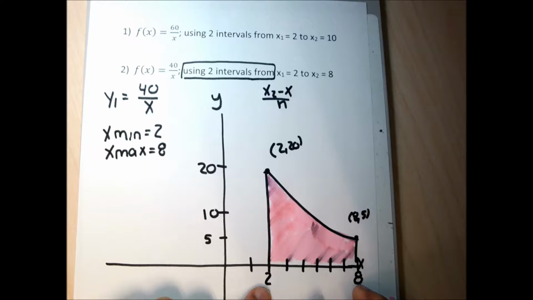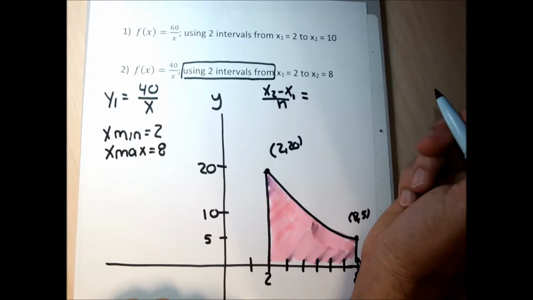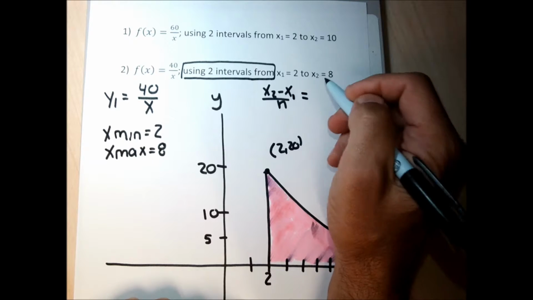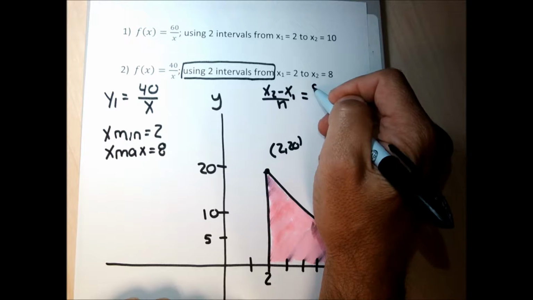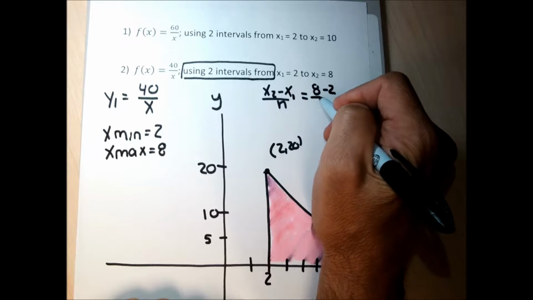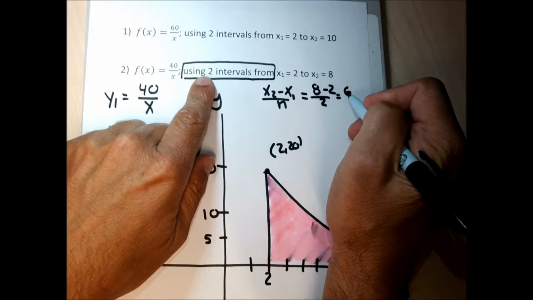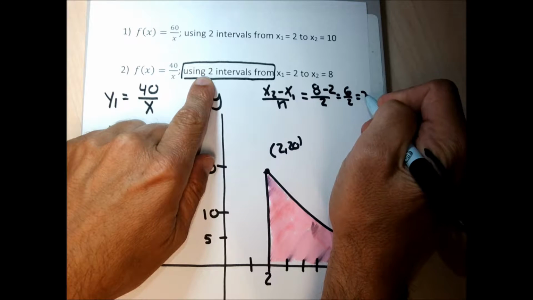Right now I just see the interval from 2 to 8, so there's just 1 interval there. I'm going to take x2, which is 8, minus x1, which is 2, divided by n intervals, which is 2. This is going to be 6 over 2, which is 3.